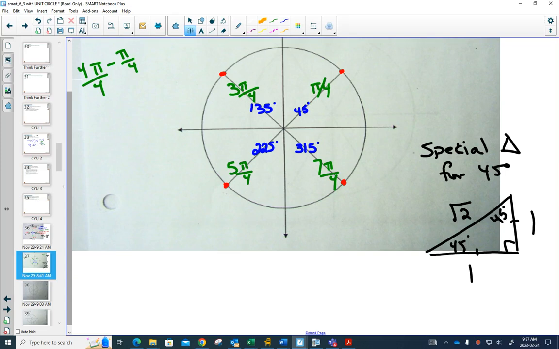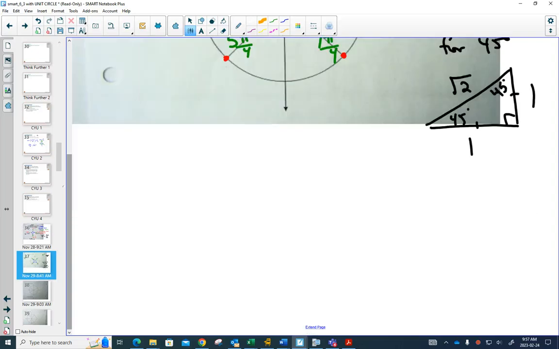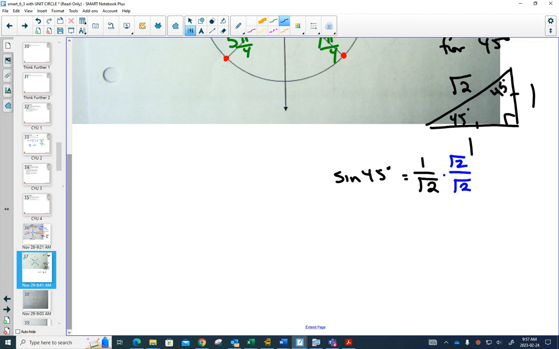And now that we have that triangle, you can figure out what sine of 45 degrees is without your calculator. Sine is opposite over hypotenuse. It'll be 1 over root 2. And where this one, we often will, just like we did in grade 11, we will rationalize the denominator.